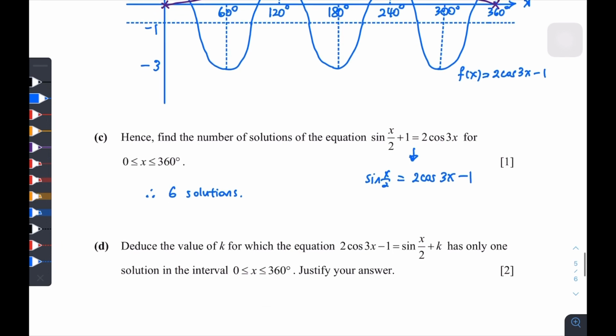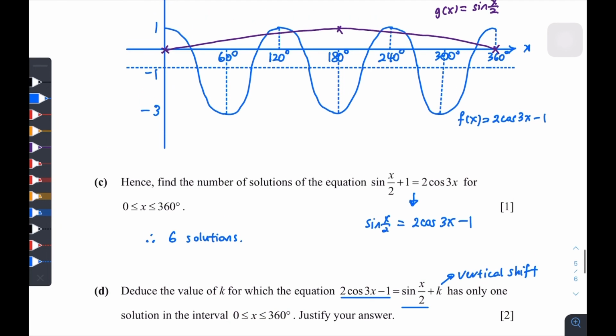This graph, 2 cos 3x minus 1, is a complicated graph, and we actually drew this graph. Based on a sine bx plus c, this k is the plus c, which means k would be our middle line, or our vertical shift.